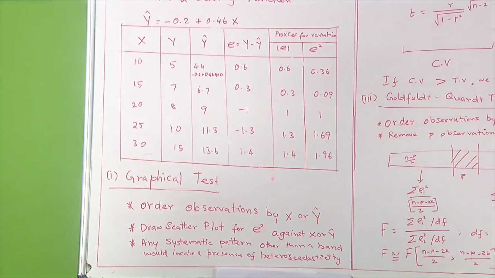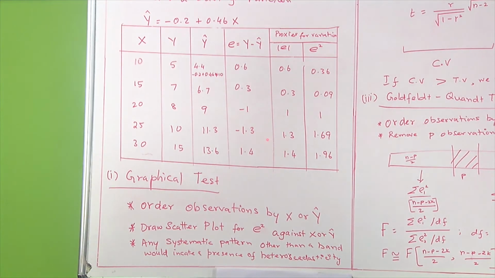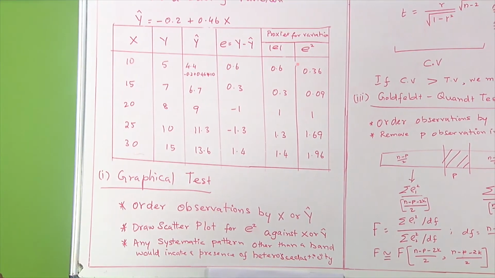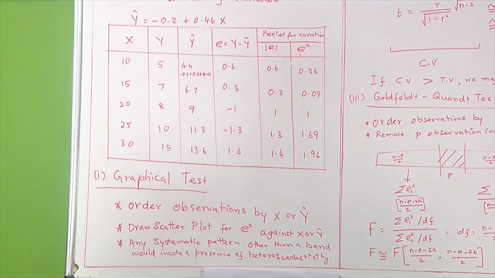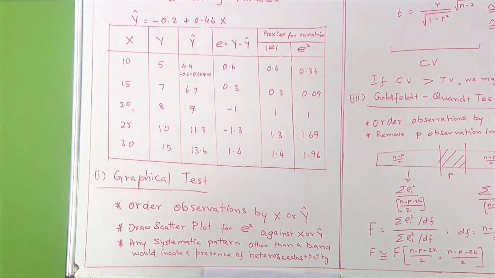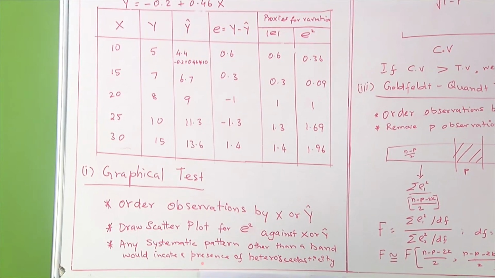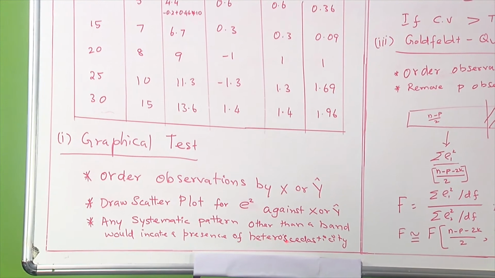In this case I have shown the simple regression model, and so I am going to draw a scatter plot for E square against x. Any systematic pattern other than the band would indicate the presence of the heteroscedasticity problem.